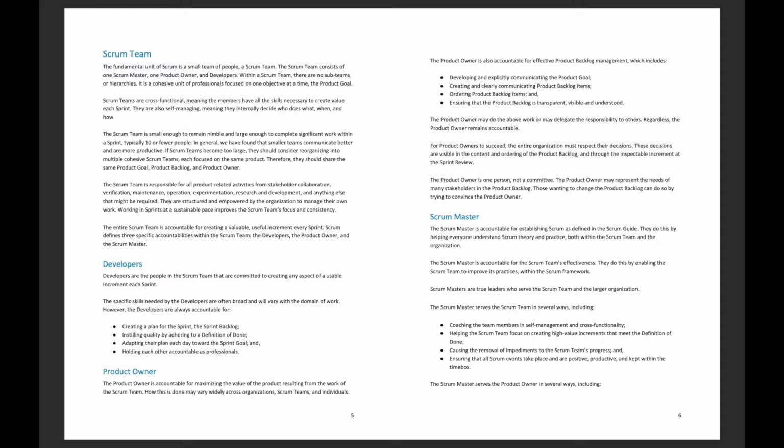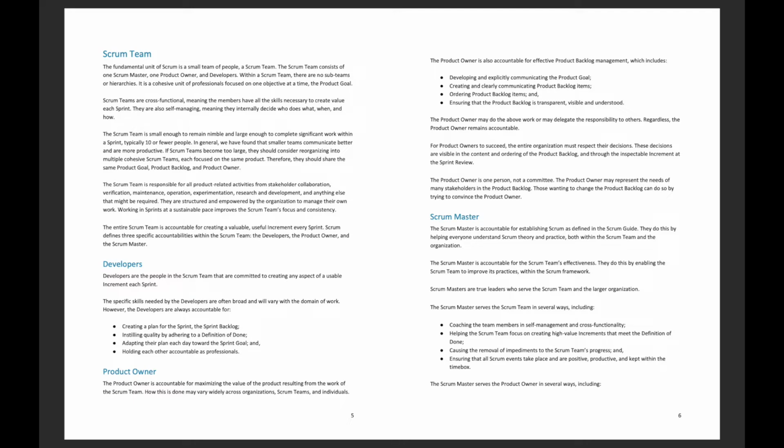Working in sprints at a sustainable pace improves the Scrum team's focus and consistency. The entire Scrum team is accountable for creating a valuable, useful increment every sprint. Scrum defines three specific accountabilities within the Scrum team: the developers, the product owner, and the Scrum Master.